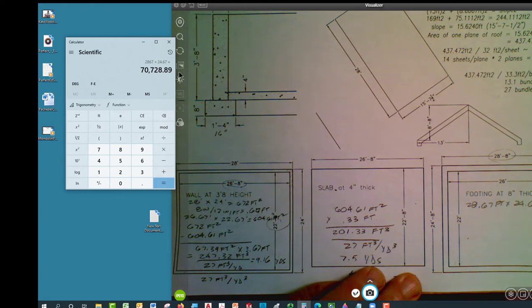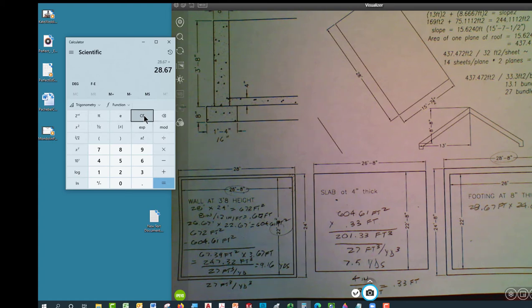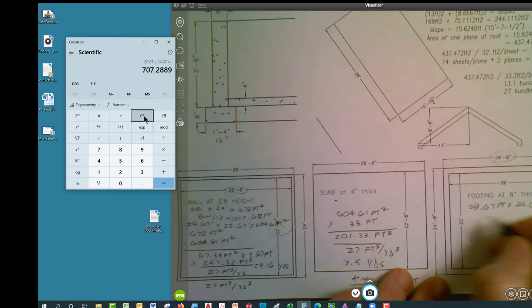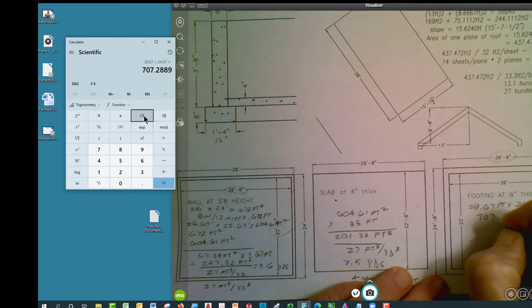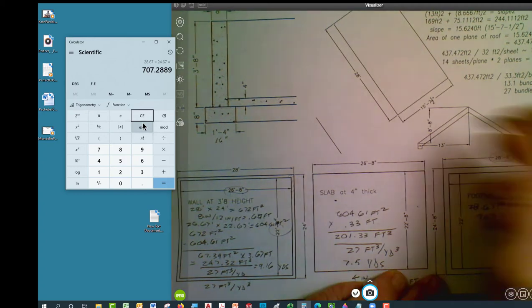This is one of those things about guessing in advance. I'm picking these with my mouse, so instead I'm just going to use the number pad. So we've got 28.67 times 24.67, and that equals 707. That looks a lot better. 707.28, let's go 29 square feet, because it's feet times feet. That's the overall on the outside.